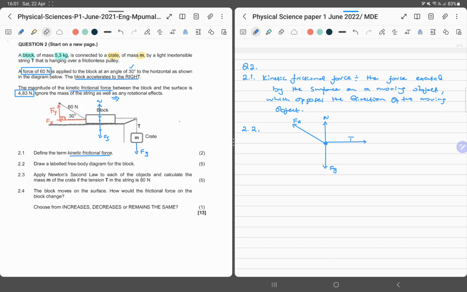That is accepted as the applied force. And then we know that there's going to be frictional force. We are moving to the right, so friction always opposes the direction of motion. That is kinetic friction. So FK is an acceptable thing there.